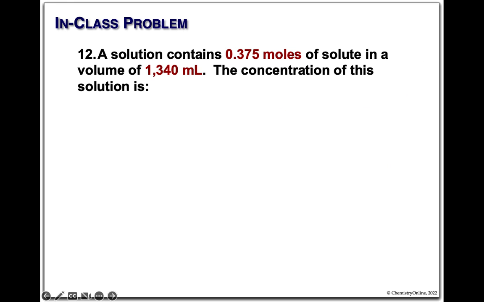Simple molarity calculation. We have 0.375 moles. Our volume is 1340 mils. What is the concentration? We just said molarity is moles divided by liters, right?